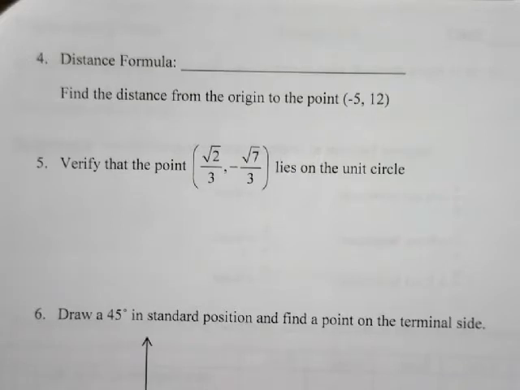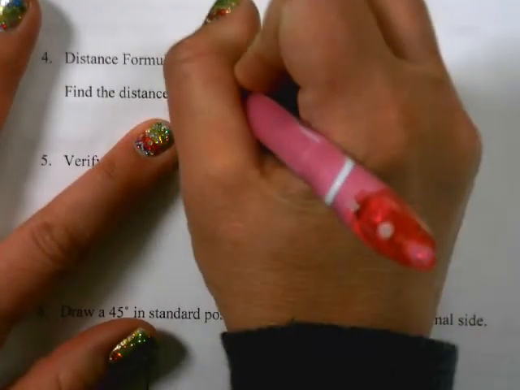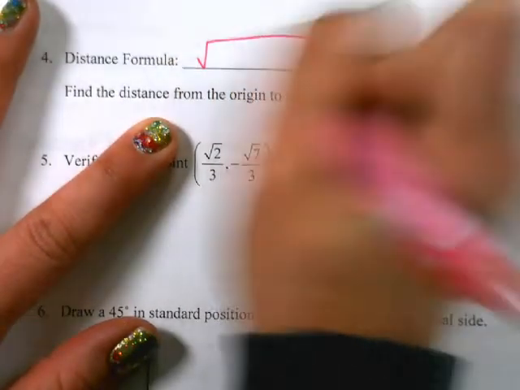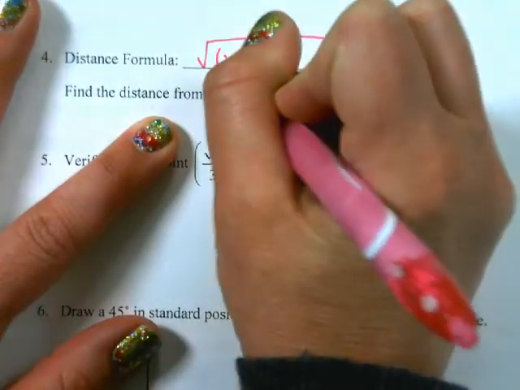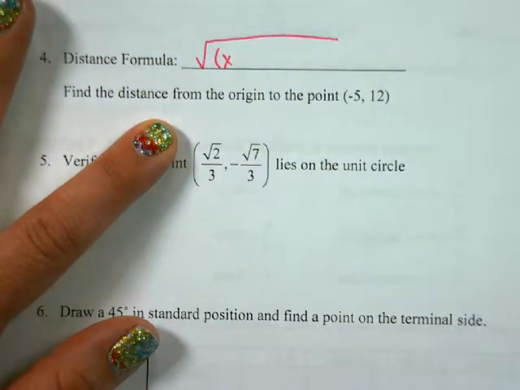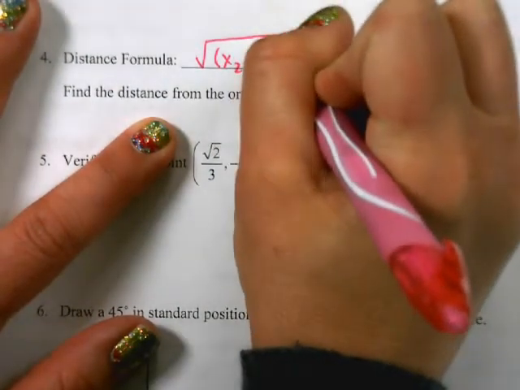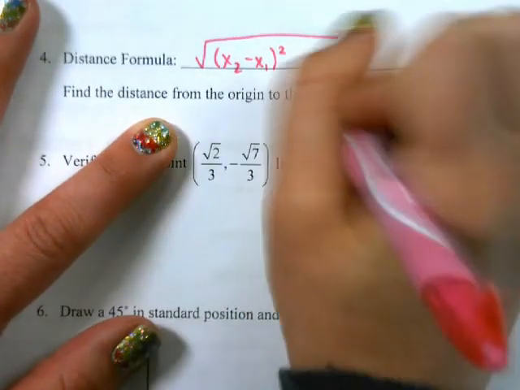So number 4 has the distance formula right there. Does anybody remember what the distance formula is? It's x2 minus x1, squared, plus y2 minus y1, squared, all under a square root.